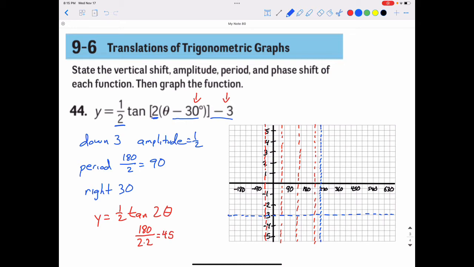And in order to keep this from being a total complete mess, I'm going to go ahead and erase that asymptote right there. And then I'll move the next one over 30 degrees. And then I'm going to erase the asymptote that it was related to. And then the next one gets moved over 30 degrees. And so on.